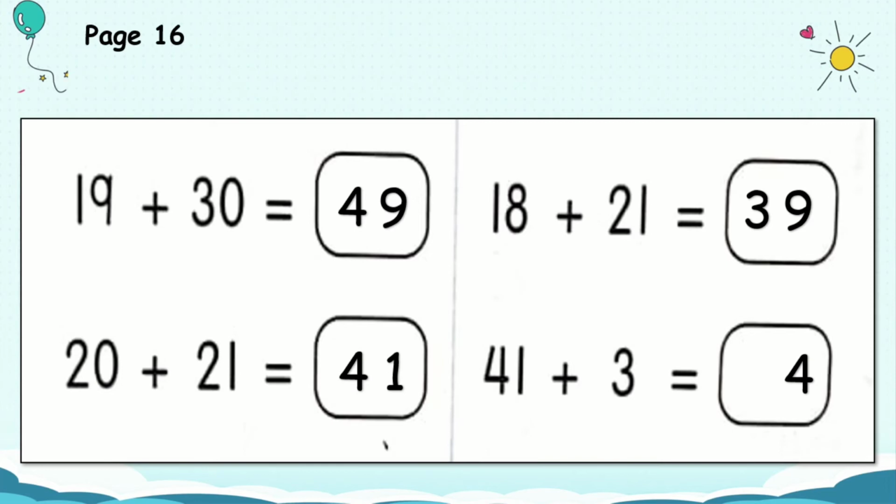Now what about the tens? 4 plus nothing there, because we have only 3 and the 3 will be the ones. So 4 plus nothing, same as 4 plus 0. What will it be? Yes, 4 plus 0 is equals to 4. So 41 plus 3 will be 44.